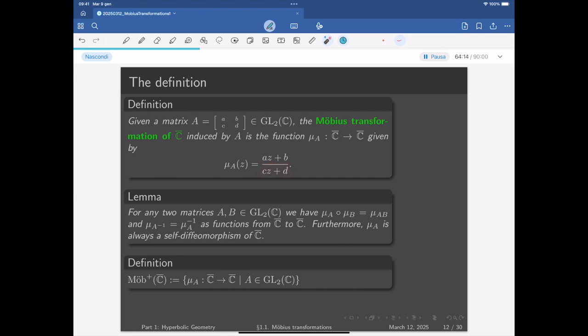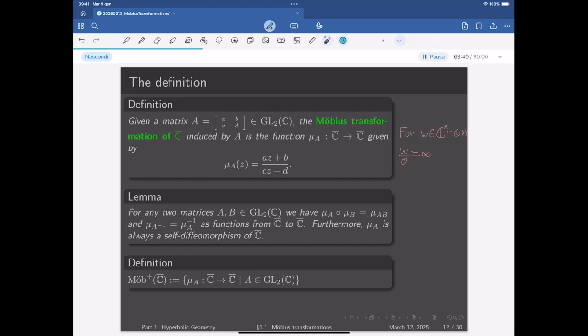Yeah, but then I just define, if I take a non-zero complex number, so C cross is just C minus 0, w divided by 0 is just infinity. And there is no ambiguity.